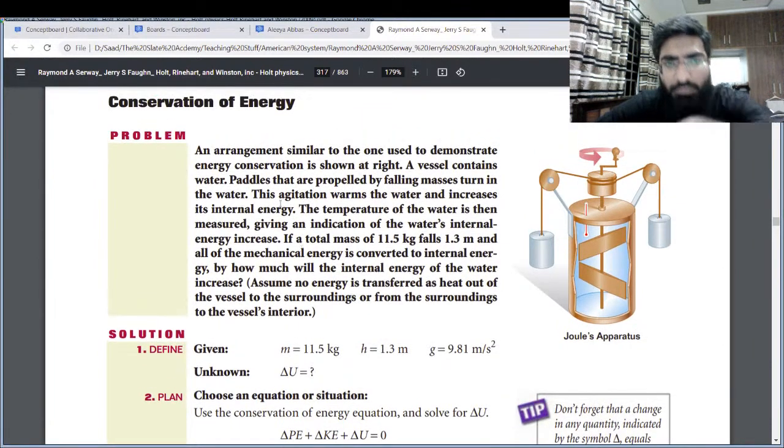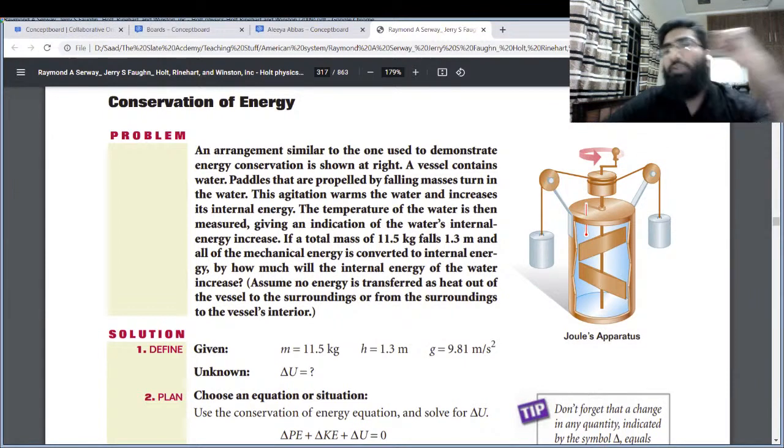It's fine. Okay, a vessel contains water, and paddles that are propelled by falling masses turn in the water. So these masses make these paddles move. This agitation warms the water and increases its internal energy. Obviously, this movement of water, these paddles moving inside it, would create energy. The temperature of the water is then measured, giving an indication of the water's internal energy increase.